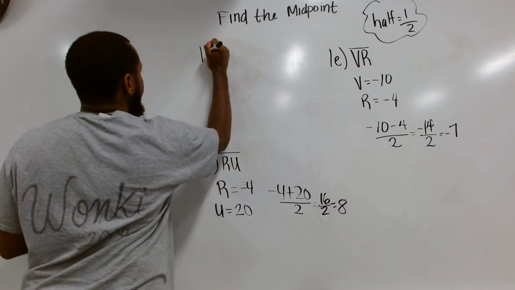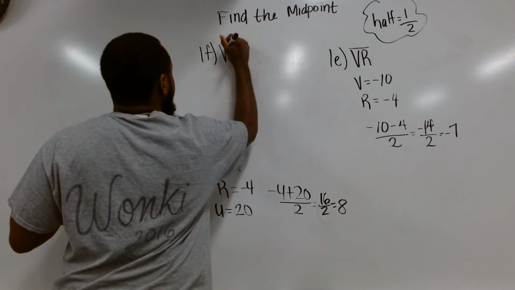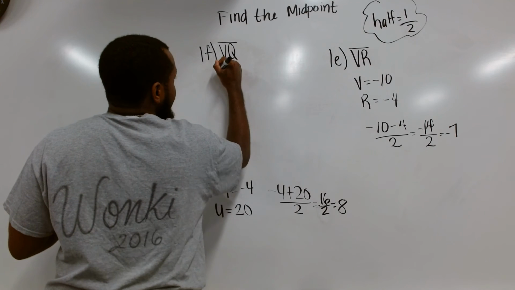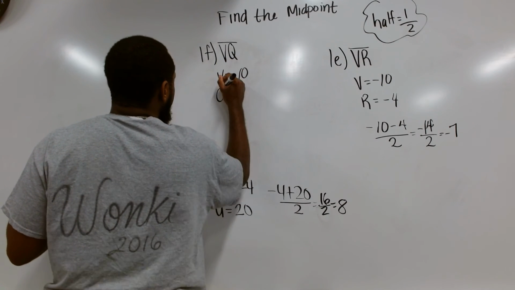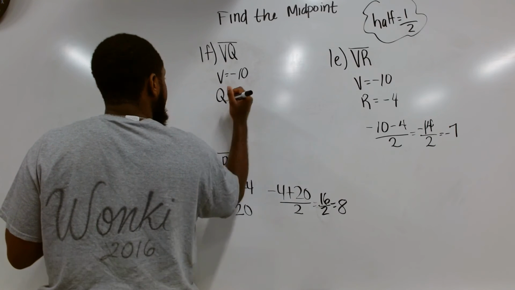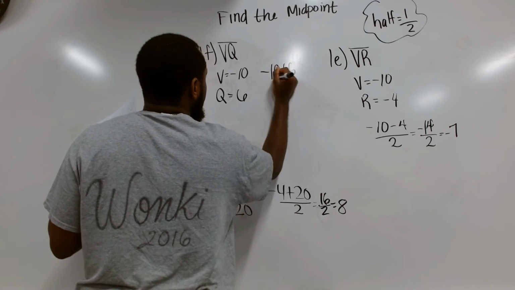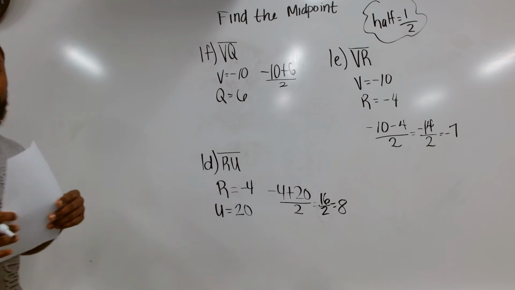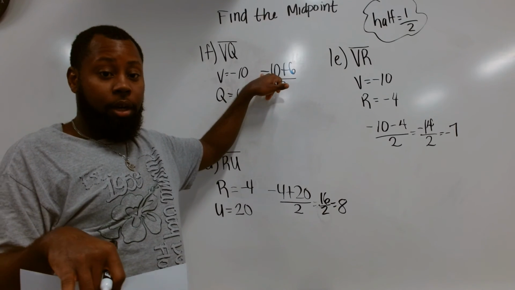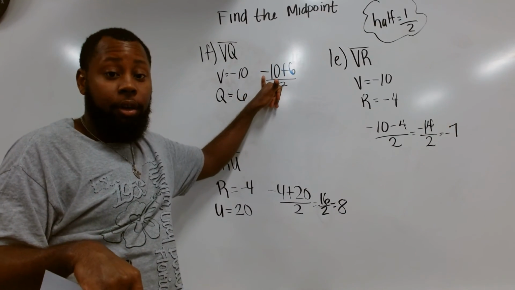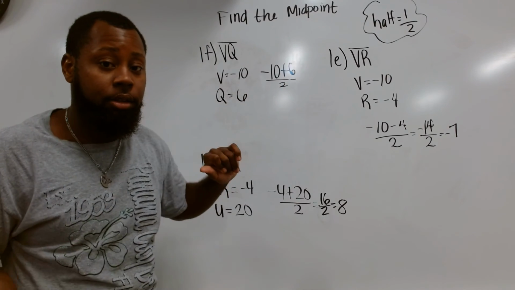Okay, 1F. Now, we have VQ. We know V from this over here is -10. And we know Q, let me find Q, is 6. So we're going to have -10 plus 6 divided by 2. You owe your brother $10. Now you give him $6.